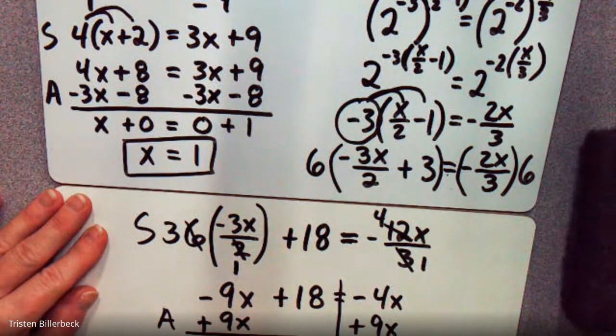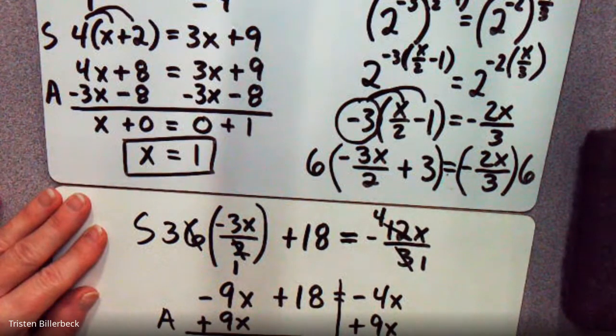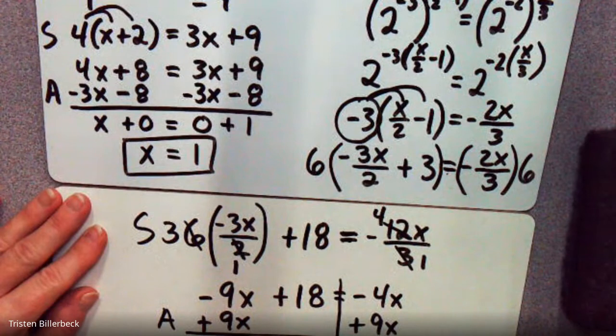So now I have the M of the SAM. See, simplify, additive inverse, multiplicative inverse. So if you ever forget what to do, remember SAM: simplify, additive inverse, and then when you're down to two things, that's when you use the multiplicative inverse. So when we simplify this, we have just x, and then x equals 18 over 5.